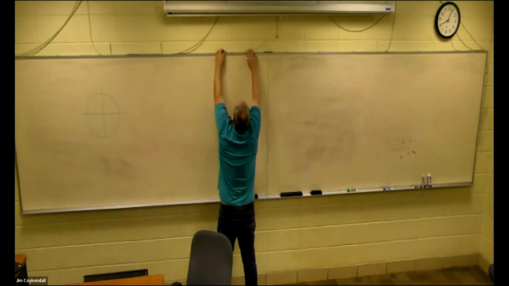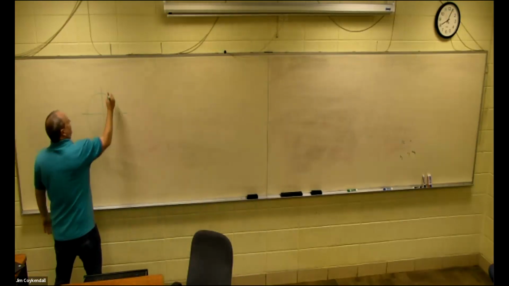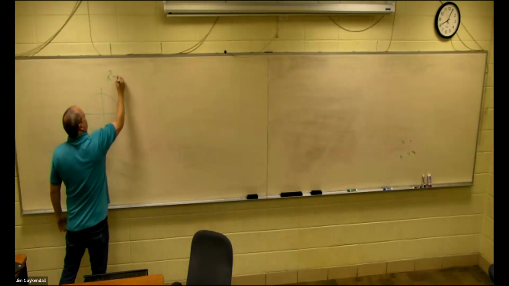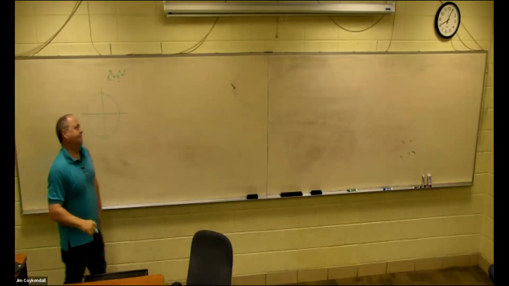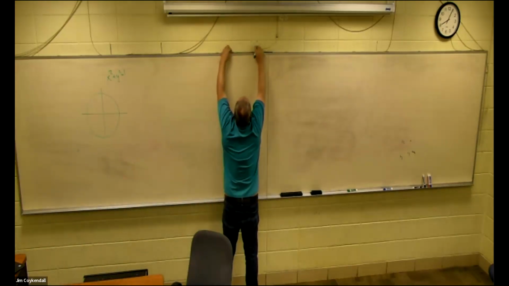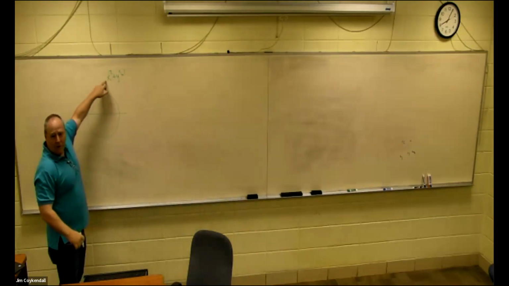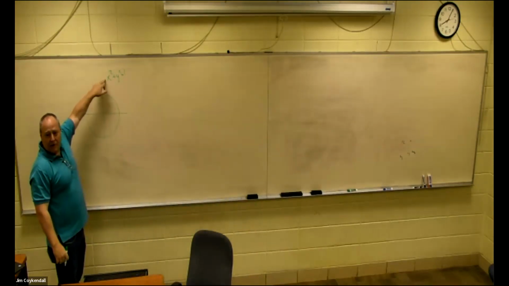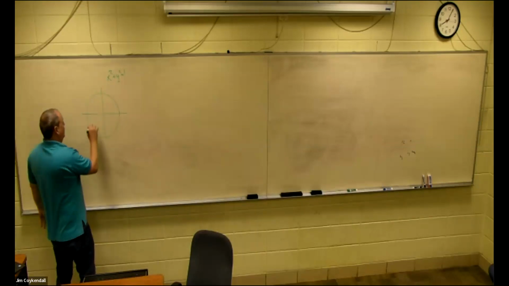So here's my hint. First, divide by z squared, if you will, and look at rationals. So look at the circle x squared plus y squared is 1.